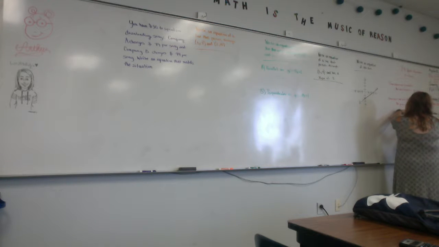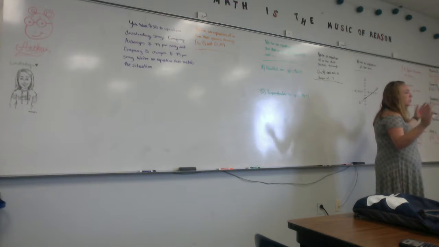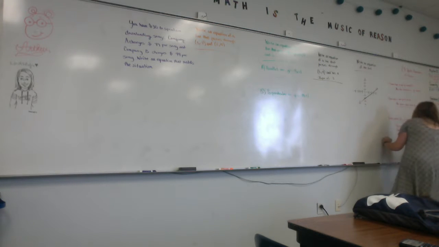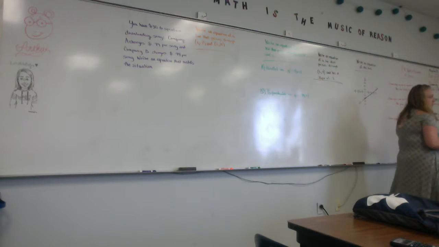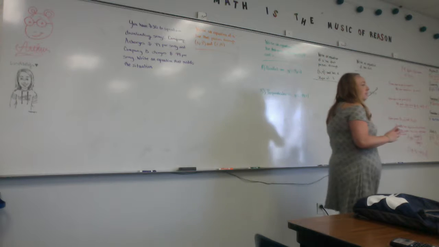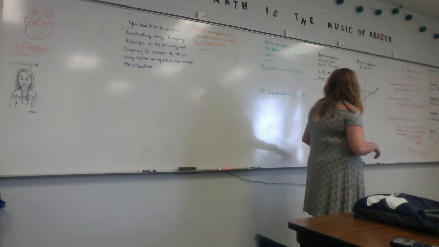I either use x1 and y1 or I use x2 and y2. You can do it differently than your neighbor. So then you're going to use the point-slope formula after you've discovered the slope. So does this take time? Yes. It's probably the least favorite way I like to be given things to find equations.